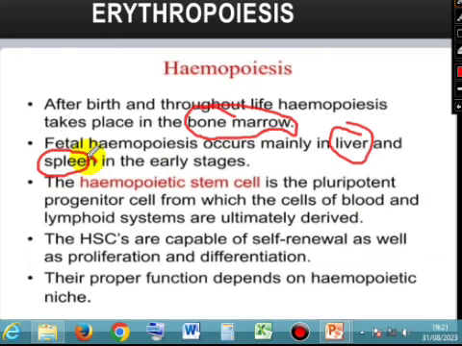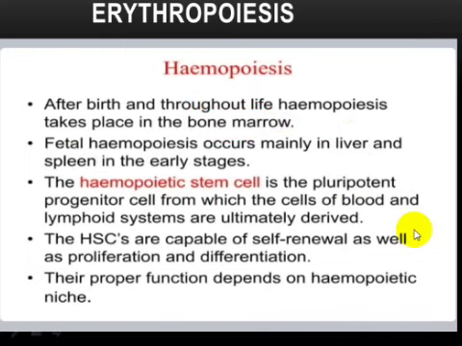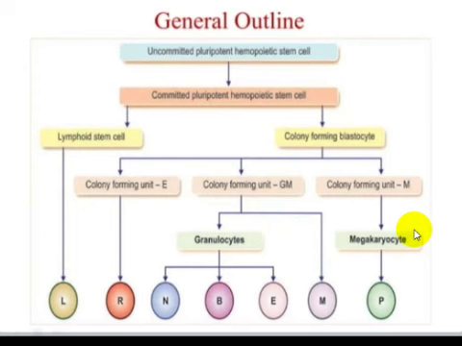The site for hematopoiesis is the bone marrow. So after birth, hematopoiesis takes place in the bone marrow. But fetal hematopoiesis occurs in the liver and the spleen.